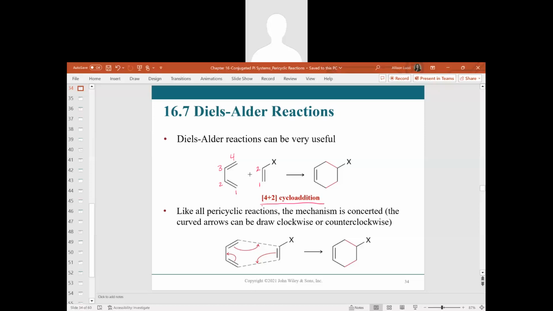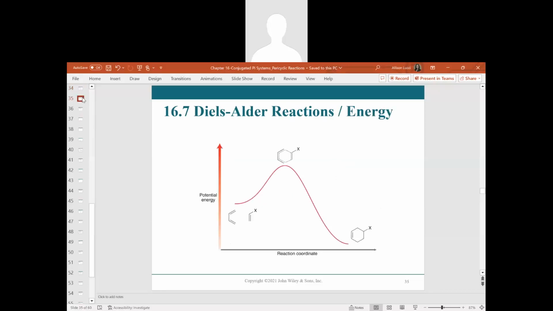And you might notice that we have the curved arrows showing the formation of 3 bonds and the breaking of 3 bonds simultaneously. And these arrows can be drawn clockwise or counterclockwise to represent the same movement. So let's take a look here at the transition state.